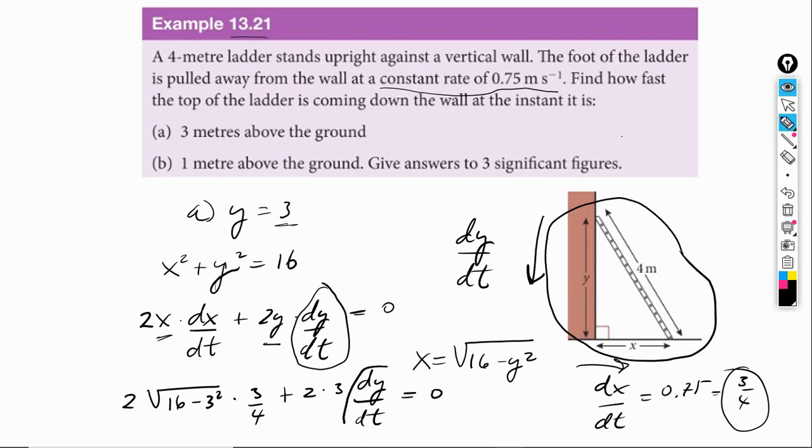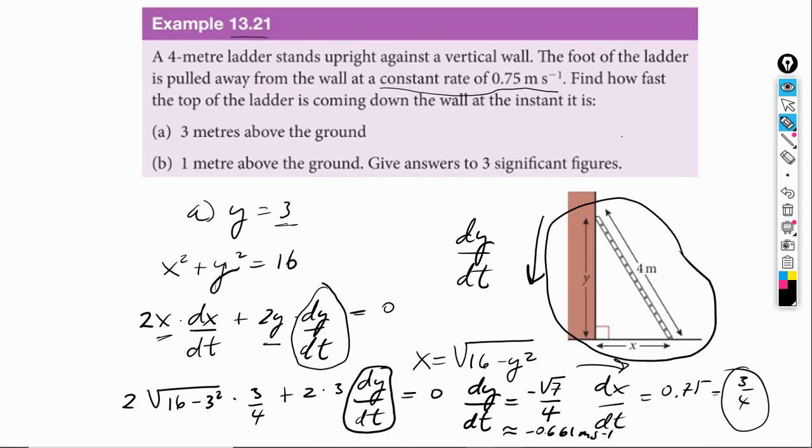So notice that all we have to do is rearrange this equation and solve for the rate of change of the y direction. So if you do all that, you're going to get that dy over dt is going to equal negative square root of 7 over 4. And this is approximately, because they want us to give answers to 3 significant figures, negative 0.661 meters per second. Okay.